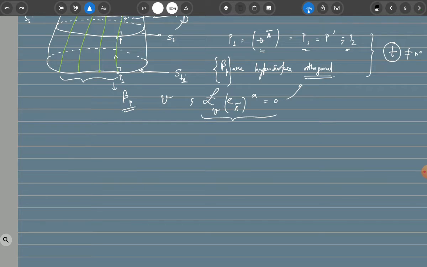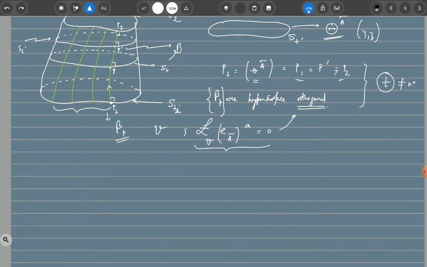Okay. Now, as you can see, the tangent to the curve beta P is given by del x a del t, keeping the values of theta a fixed. So this is actually the tangent to these curves beta P, which is denoted by some e t of a.